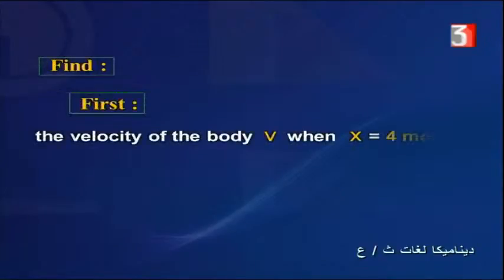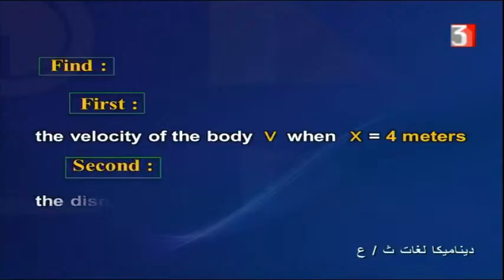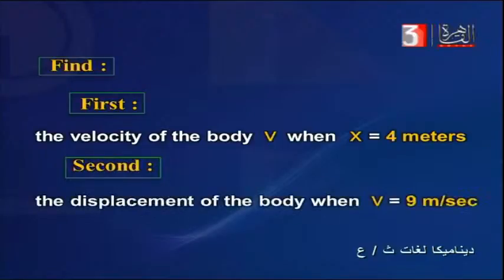Find first the velocity of the body v when x equals 4 meters. Second, the displacement s of the body when v equals 9 meters per second.